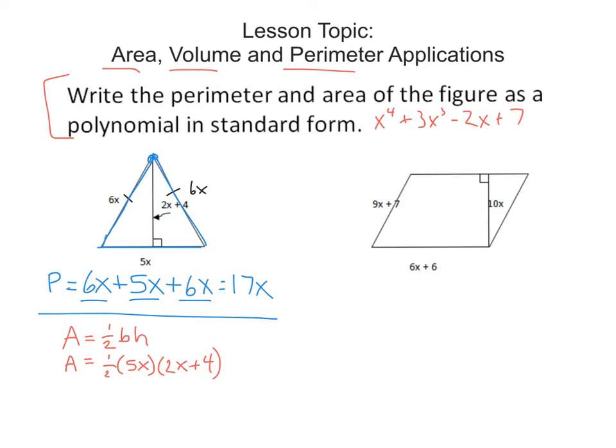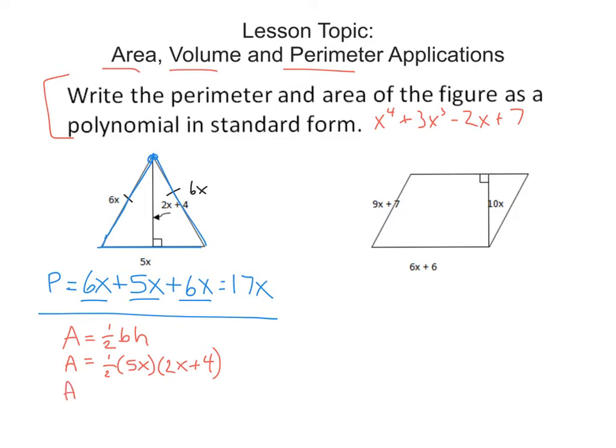We need to multiply 1/2 times 5x times 2x plus 4. Now, I have a recommendation here. My recommendation is that we do not multiply 1/2 times 5x first. Remember that multiplication is commutative. I can multiply these three factors in any order I want. So I'm first going to take 1/2 of this here instead of the 5 because that will give us a decimal, which is fine, but I'm going to avoid it.